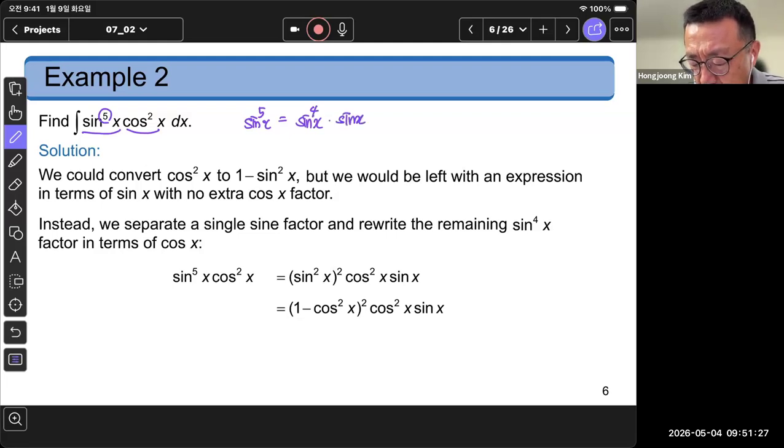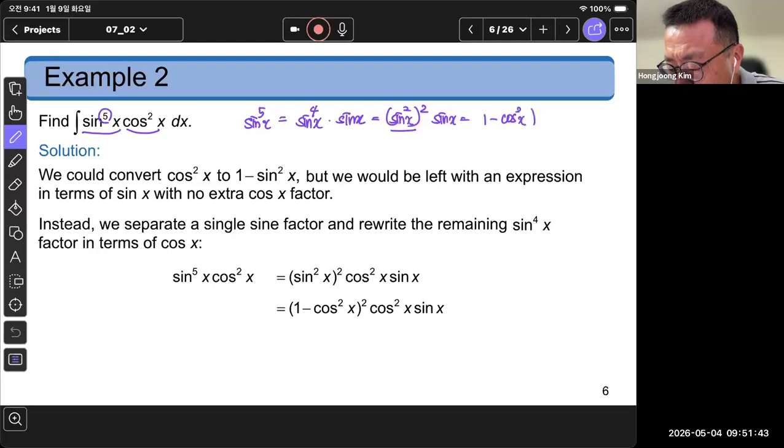And then this sine x to the fourth is interpreted as sine x squared squared, and then replace this sine x squared by 1 minus cosine x squared.